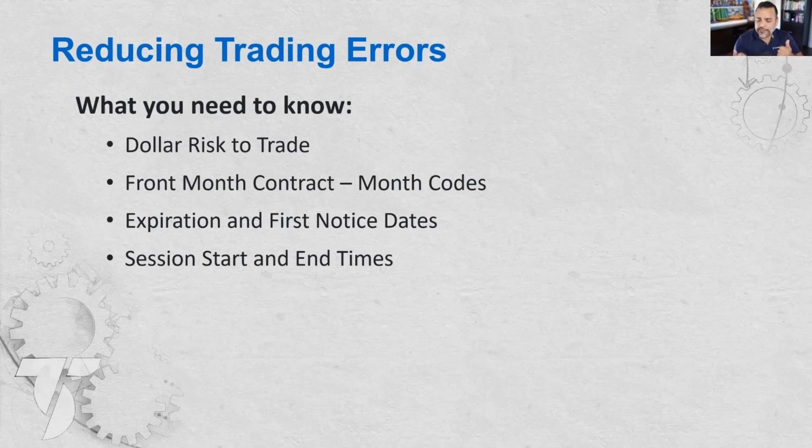Maybe you're taking advantage of the day trade rate and you don't want to leave it open overnight, because then the initial margin kicks in. If that is the case, then you want to be aware of the end time, so you're not putting in a trade when the markets are going to close. If the markets close, of course, that would be considered an overnight trade, and then full margin applies. So be aware of all the information necessary for the commodity you're trading, so that no errors are made.